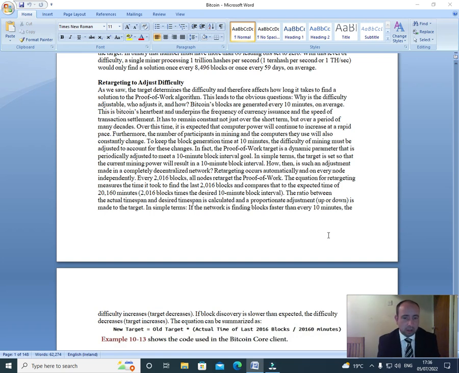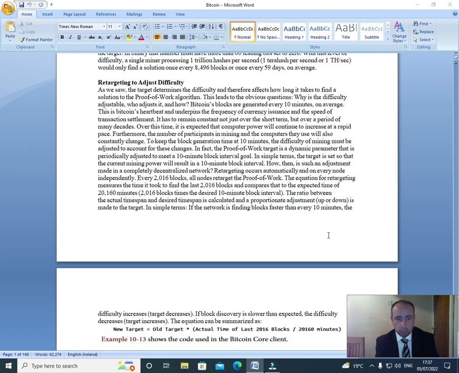Every 2016 blocks, all nodes retarget the proof of work. The equation for retargeting measures the time it took to find the last 2016 blocks and compares that to the expected time of 20160 minutes, which is 2016 blocks times the desired 10-minute block interval.